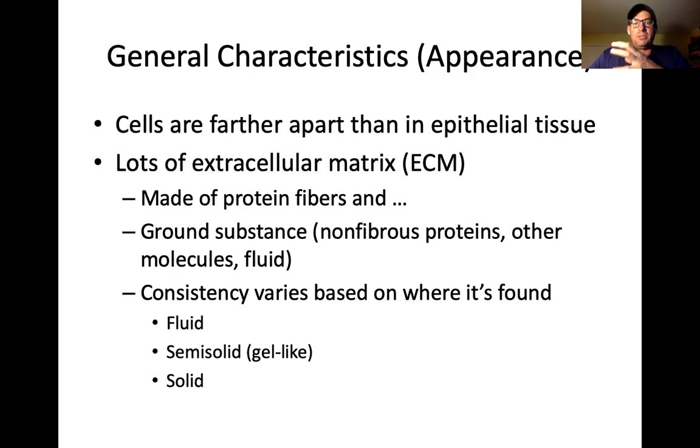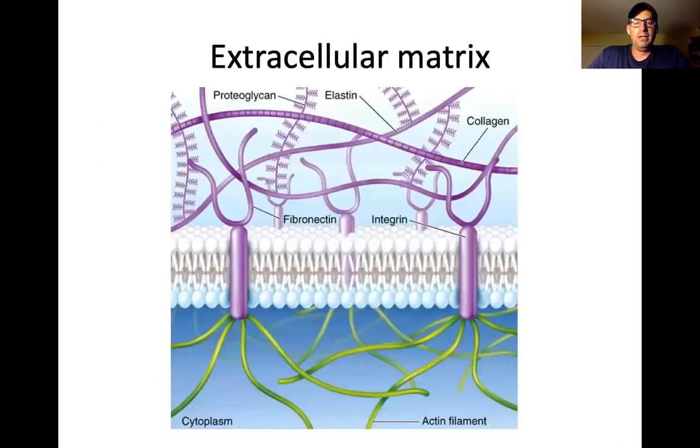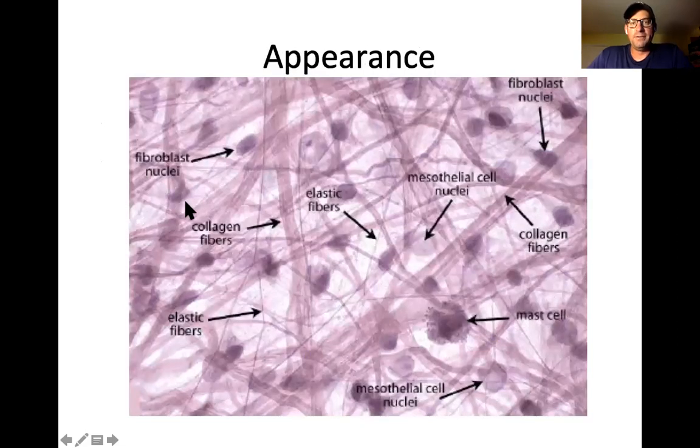You've got bone cells with a lot of space between them that is filled with that calcified material that makes the extracellular matrix solid. So the extracellular matrix is this area outside here between the cells. This is the inside of a cell, and there's all this space here between cells. That's going to be your extracellular matrix. This is what connective tissue looks like under the microscope.